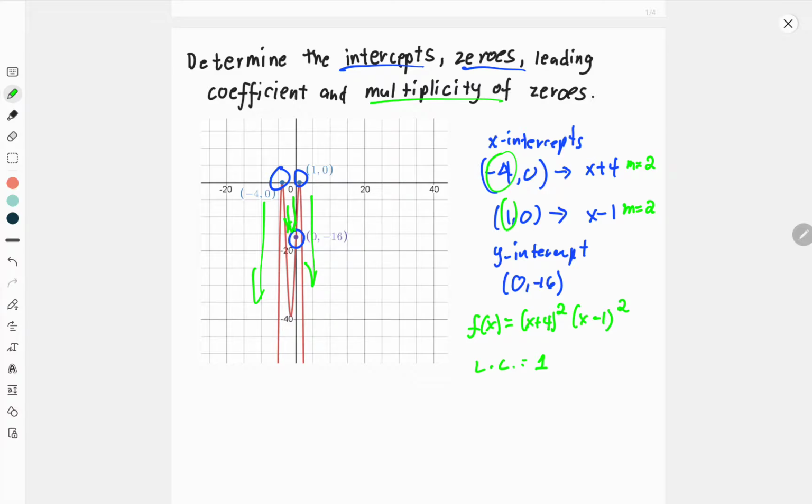So it turns out to be negative in behavior, right? So as you can see, you put a negative because you would see the behavior is going down as well. So now we got our leading coefficient as 1, and then this would be negative 16.